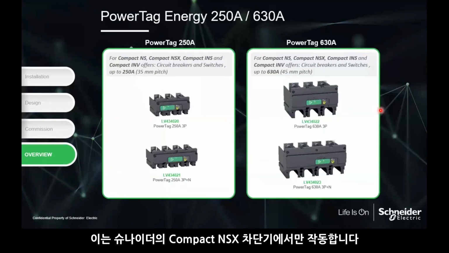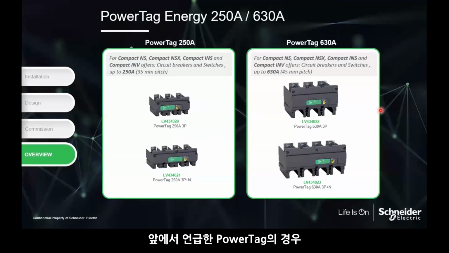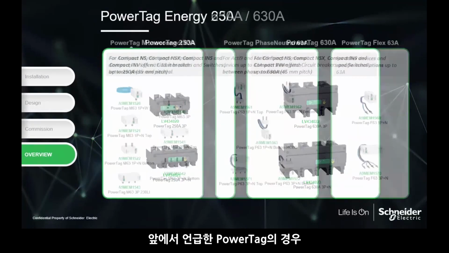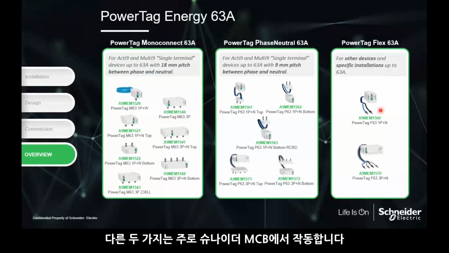The NSX PowerTag only works on Schneider Compact NSX breakers. Okay, so it will not work on any of the competitor breakers. But for the PowerTag, the earlier one, only the Flex will work on competitors, but the other two will be mainly for Schneider MCBs.